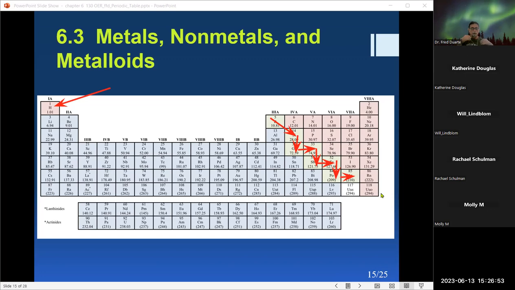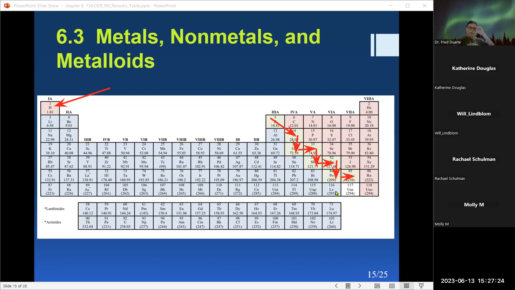Take good old-fashioned table salt you put on your French fries, sodium chloride. Sodium is a metal, it's in blue. Chloride is a non-metal. So it is what we call an ionic compound. And being an ionic compound, they have very specific properties, totally different compared to molecular compounds that do not have metal in them at all.